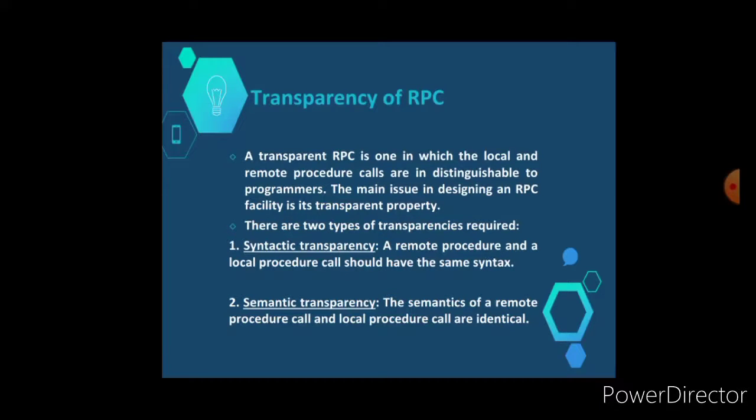In syntactic transparency, a remote procedure call and a local procedure call should have the same syntax. Semantic means the meaning of paragraphs, sentences, and words. The semantics of a remote procedure call and a local procedure call are identical.